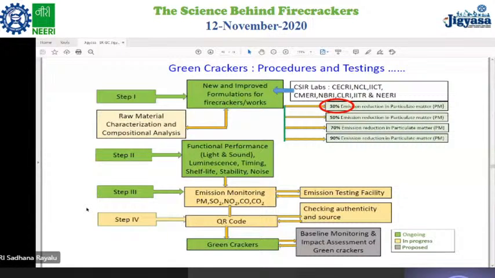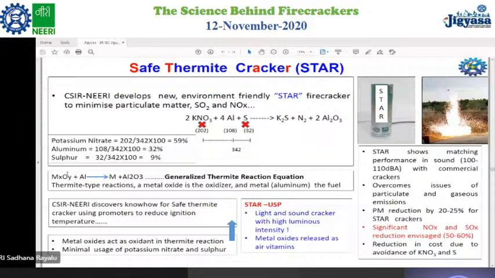So this is the STAR cracker, and some of these crackers are already in the market. And what is STAR? STAR is a safe thermite cracker in which, instead of potassium nitrate, we have put into use metal oxide. So there is no potassium nitrate, and no NO2 being released. We are getting sufficient oxygen from the metal oxide.